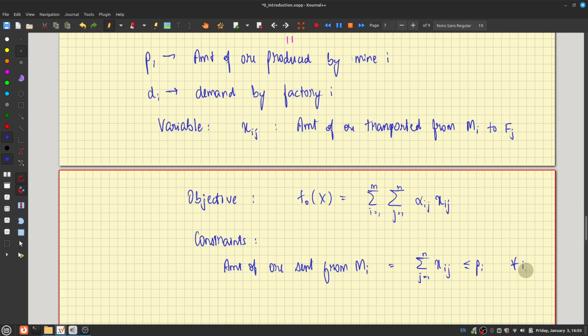Okay, now is there any other constraint? Exactly. So you want to make sure that the demands are all fulfilled, right?